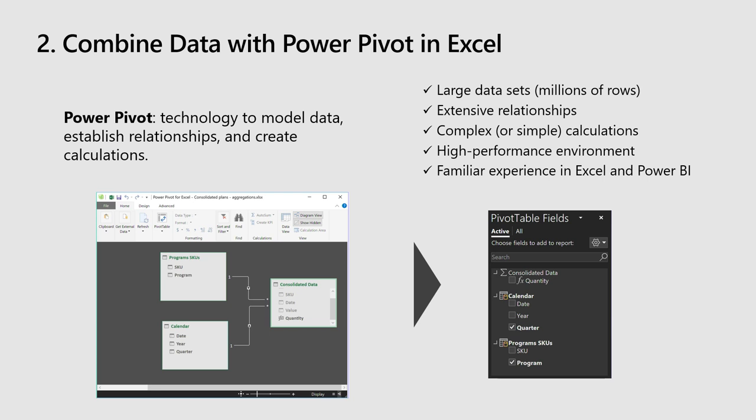We had a session yesterday with Ken Puls. It's going to be listed at the end if you want to check it. The recordings will be posted after the conference. It covers this in much more depth, along with best practices. Once you have your data model set up, you have the data model fields, for instance the consolidated data, which is the quantity, then your calendar dimension table, and your program SKU dimension table.